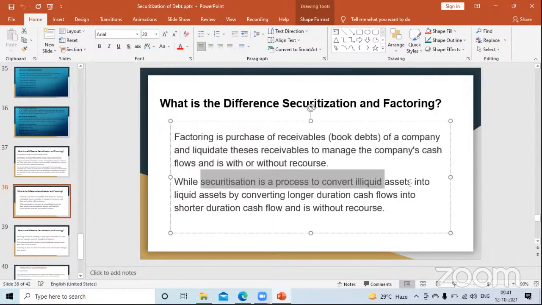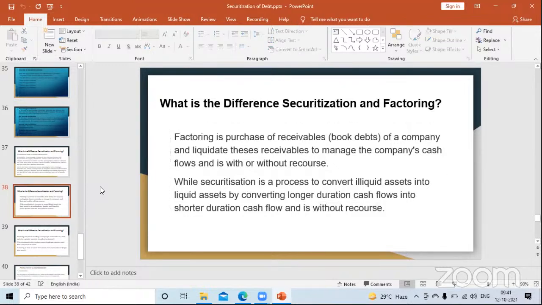It is a process to convert illiquid assets into liquid assets, by converting them into securities that can be traded in the market, and it is always without recourse. Factoring can be with or without recourse. Securitization is always without recourse.